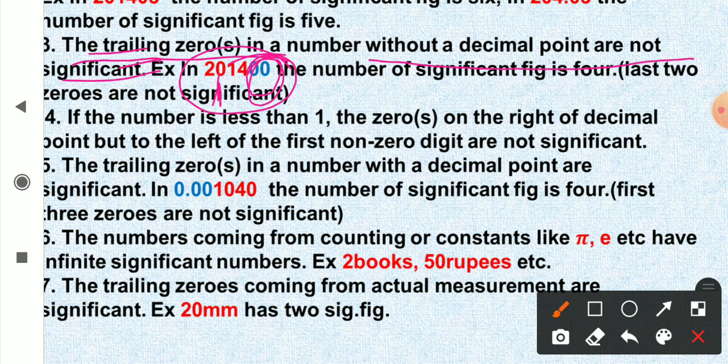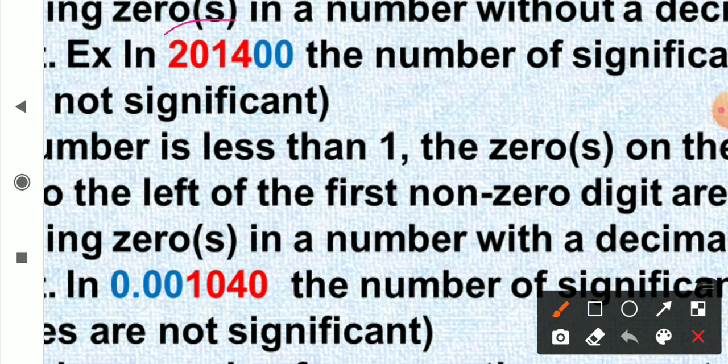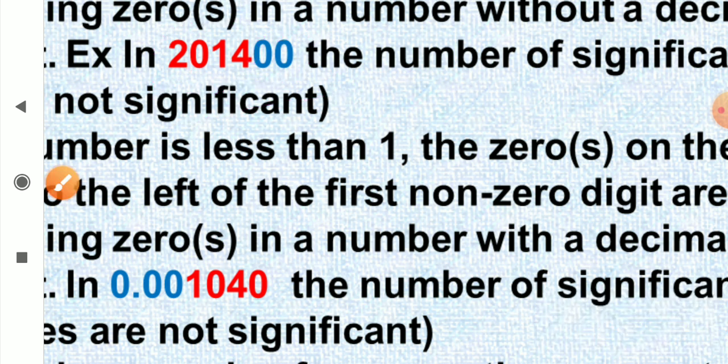So this number has 4 significant figures. You can see that 2014 are significant and the zeros at the end are not significant. So this number has 4 significant figures.